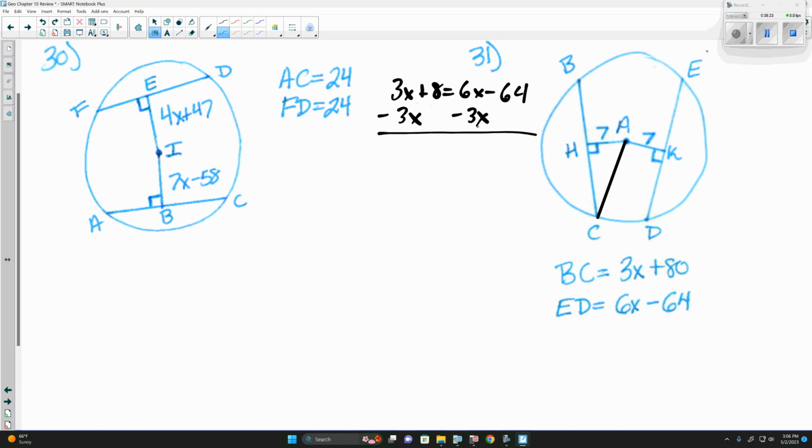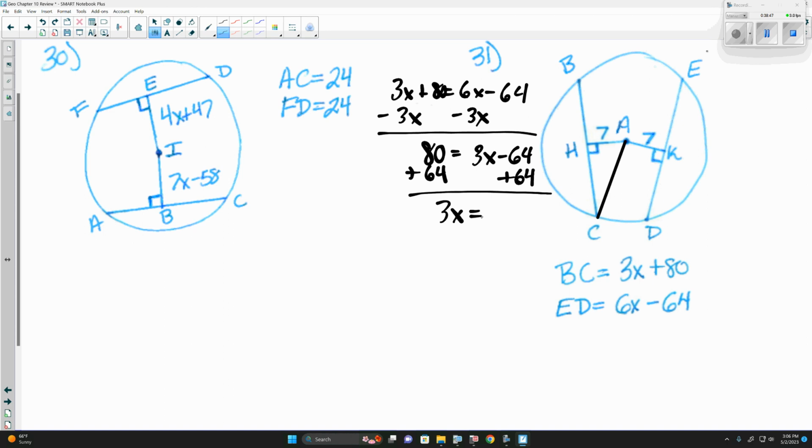At this point here we can subtract. Yes, that's going to make a big difference. 80. So we have 80 is equal to... No. Just the glare of the screen, I saw 8 instead of 80. Now at this point here, we would add 64 to both sides.